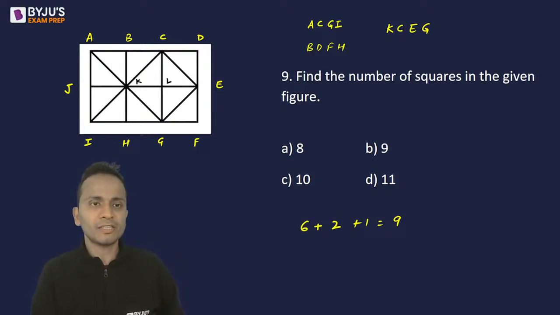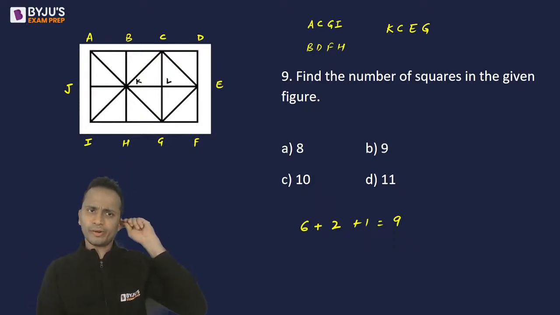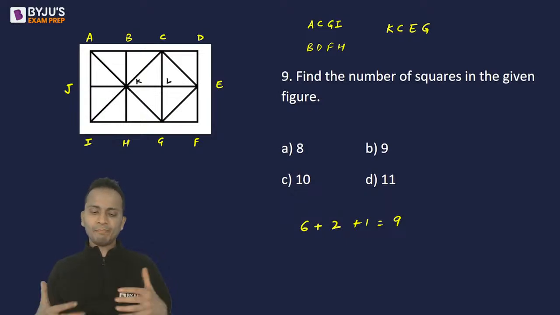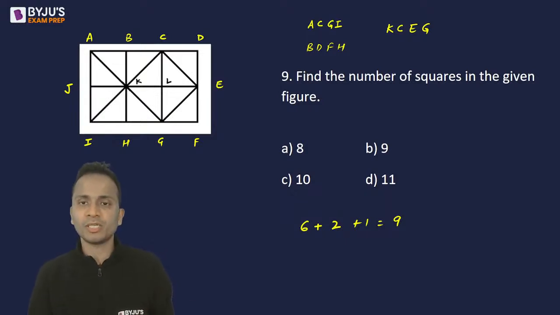So please write the vertices of that square. So other than the 9 squares that I have already counted, do we have any other square? No, I can't see any other square. So I believe that the answer is option B, that is 9.